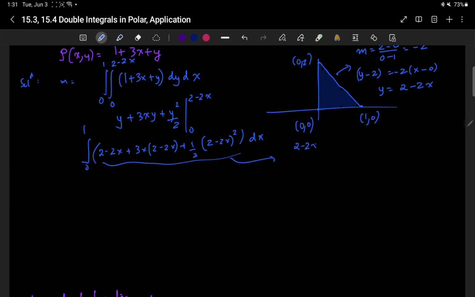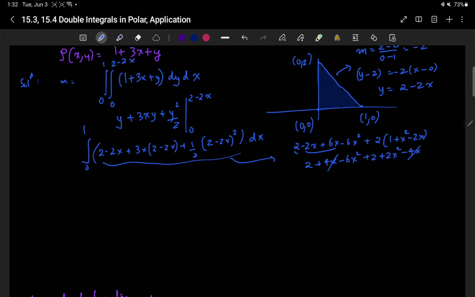So I have 2 minus 2x plus 6x minus 6x squared plus, if I factor out a 2 and square it, it becomes 4. 4 divided by 2 is 2, and I'm left with 1 plus x squared minus 2x. These combine, so 2 plus 4x minus 6x squared plus 2 plus 2x squared minus 4x.